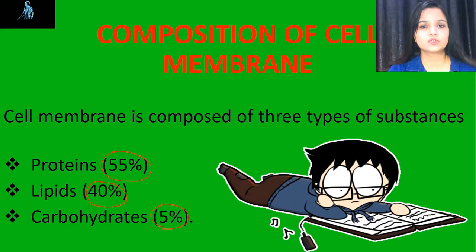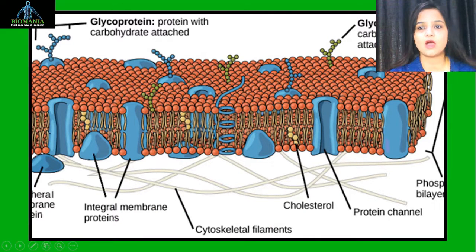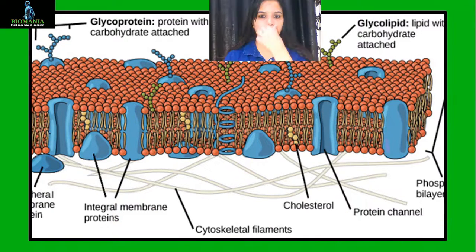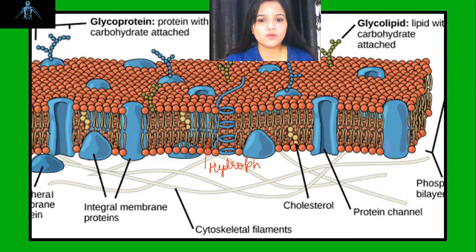So let's move towards the main structure of the cell membrane, how it looks and how it functions. Yeah, this is the phospholipid bilayer, and that region is the hydrophobic region, and the region which is outside the cell is the hydrophilic region.